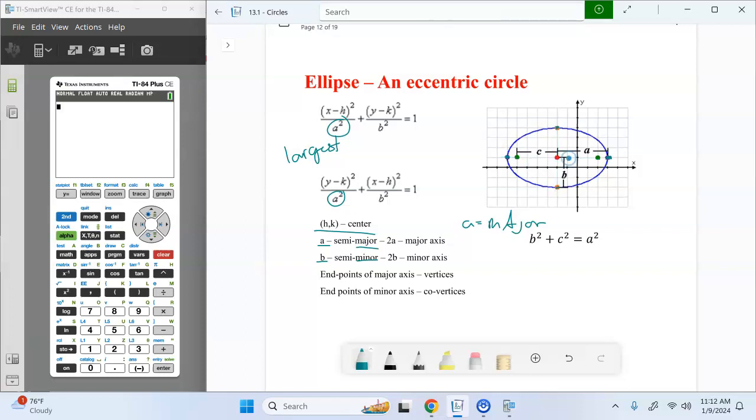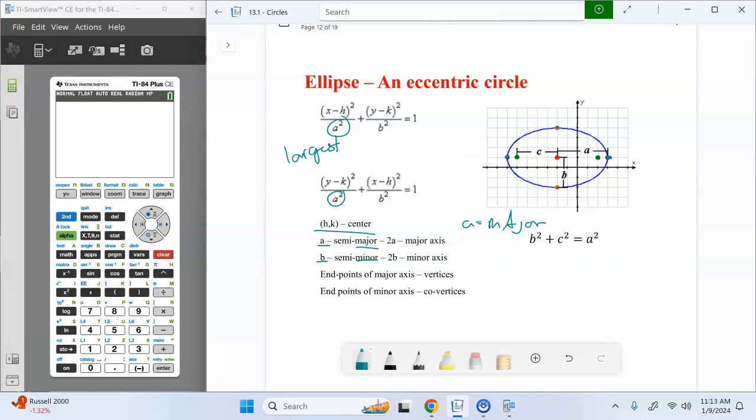Now, the difference between the two formulas is which variable gets the A value and which one gets the B. Since A has to be largest, whichever variable has the A value for the denominator, that's going to be the dimension that is longest.